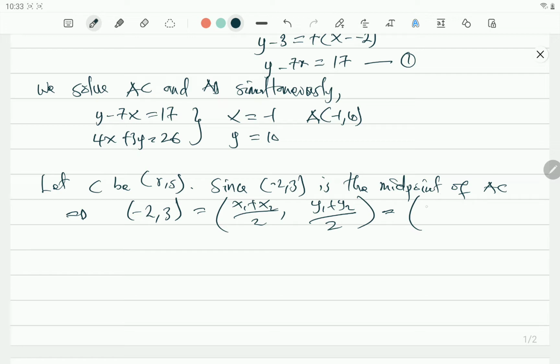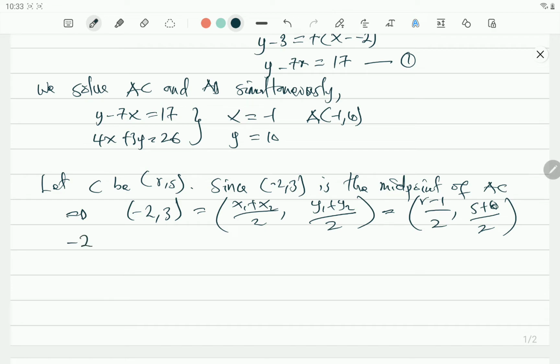That is giving us r minus 1 over 2 and s plus 10 over 2. So we just compare them one after the other.